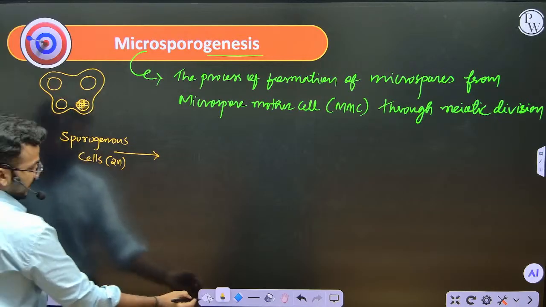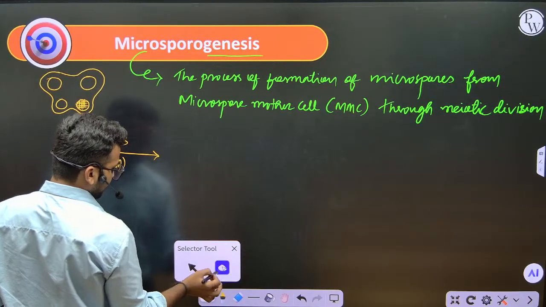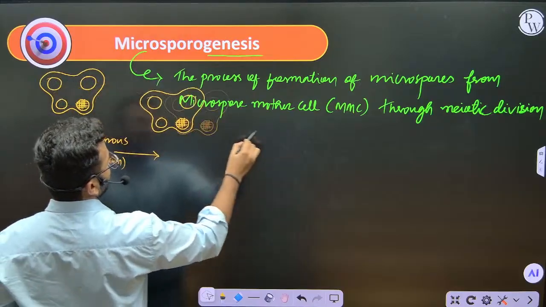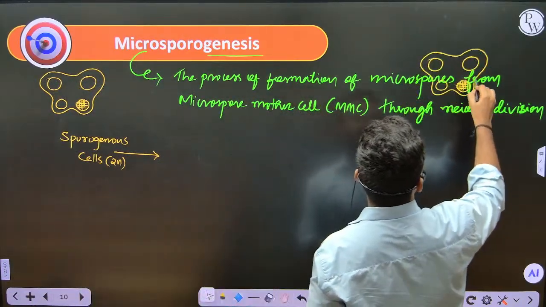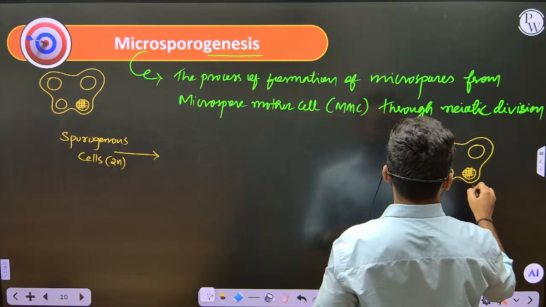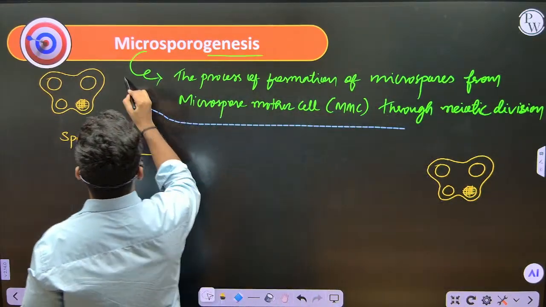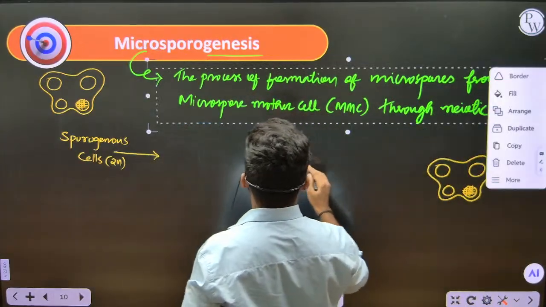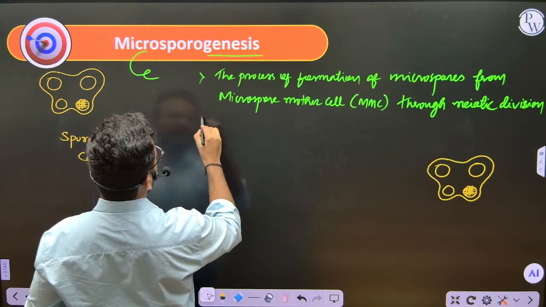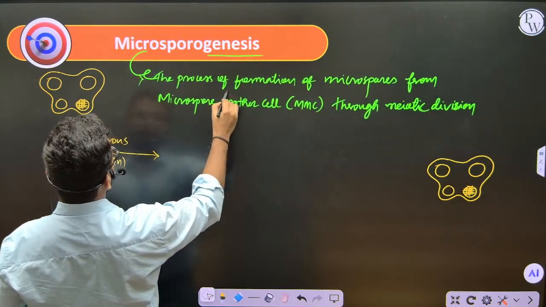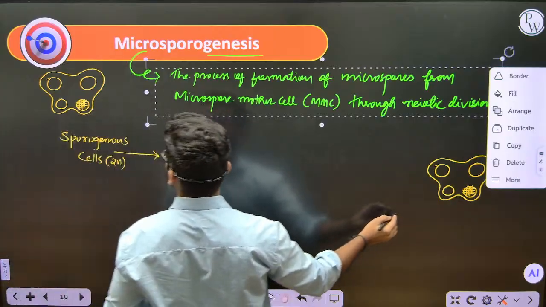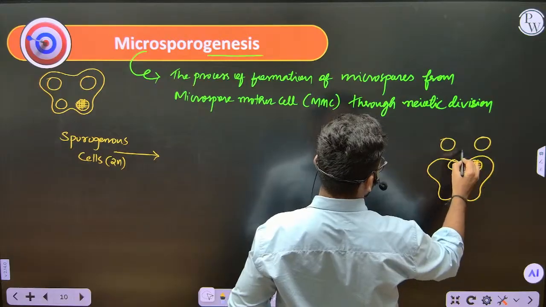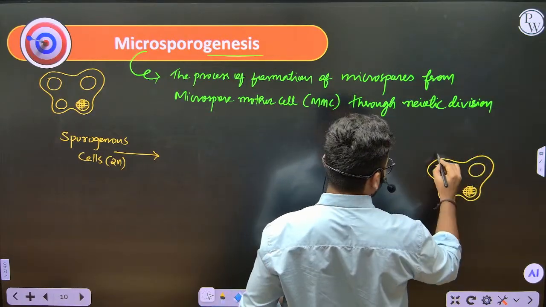So this is a young anther. Later it will become a matured anther.